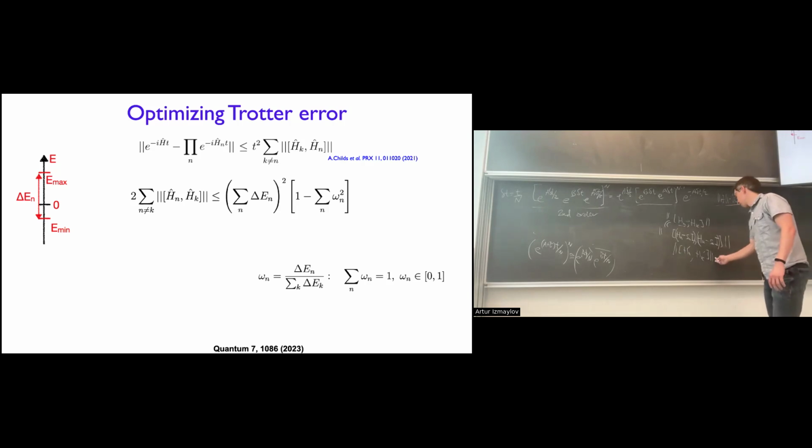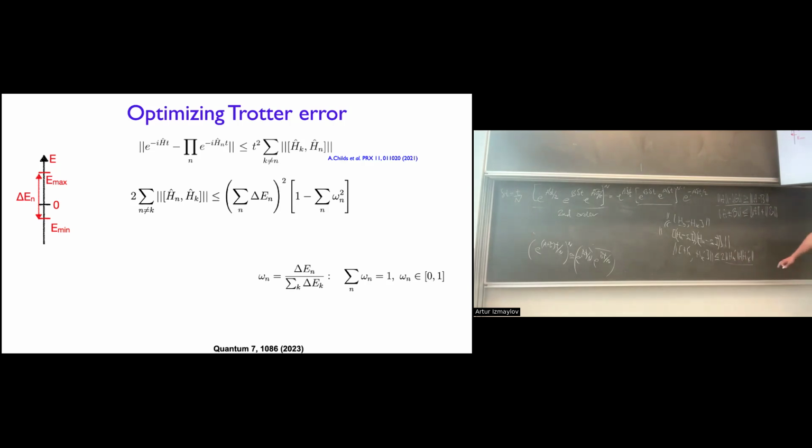And therefore, we could always say that these are less or equal than the two norms of Hn prime multiplied by Hk prime. We also have a condition that the norm of A plus or minus B is always less or equal than the norm of A plus the norm of B. So that is the second thing that we used here.